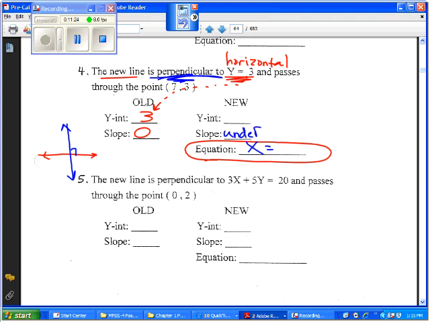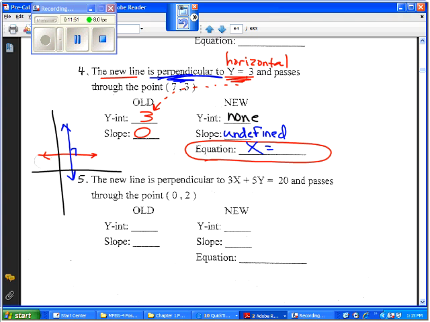Undefined. And what about the y-intercept of a vertical line? Well, let's just consider that there was an xy axis somewhere. A vertical line doesn't cross the y-axis. It's parallel to the y-axis. So for y-intercept, we put none because it doesn't have one. It's parallel to the y-axis, you see.